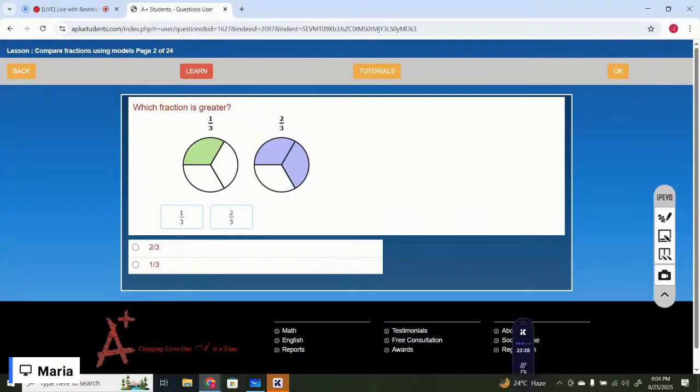Which fraction is greater? 2 by 3 is greater, so option number 1 is the correct option.